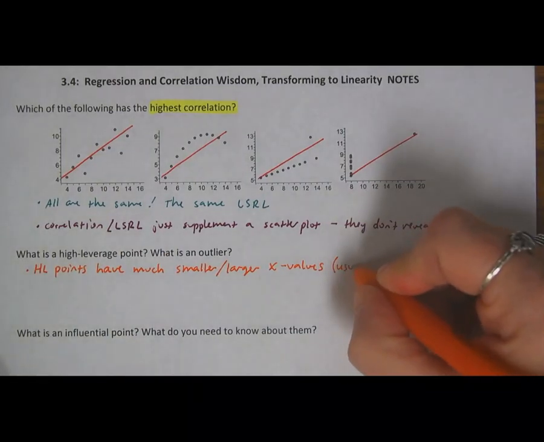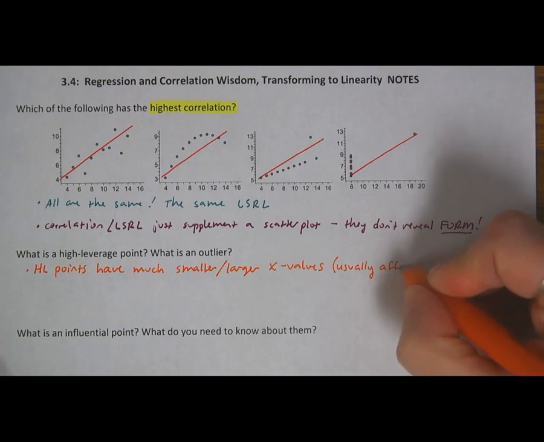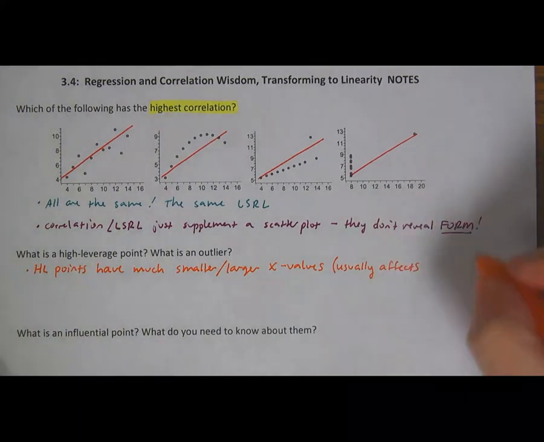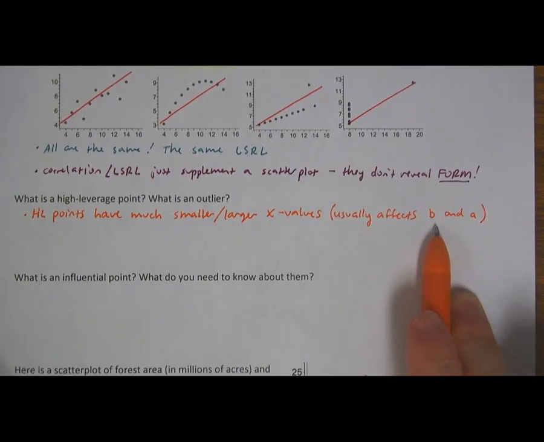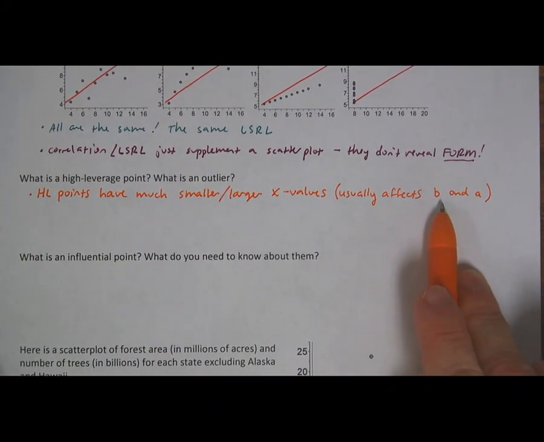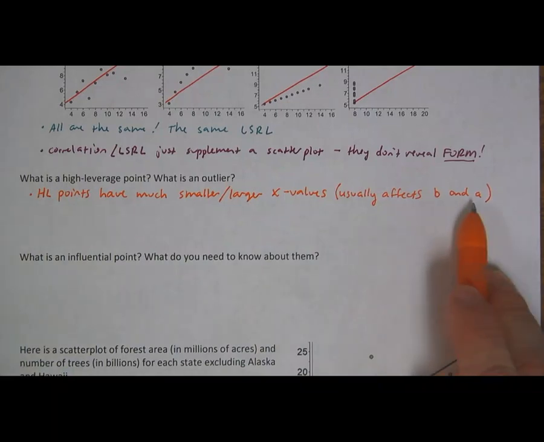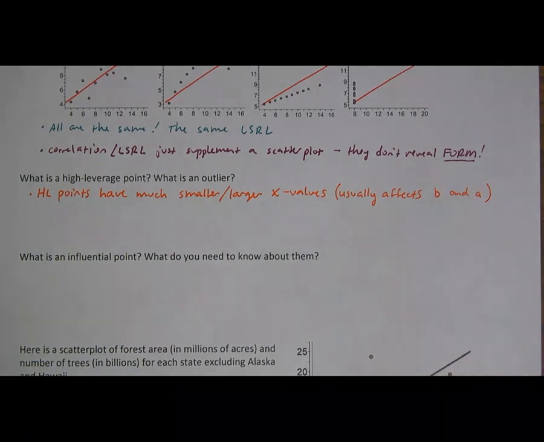This usually affects slope and y-intercept. I'm going to put B and A, because those are the variables we use in our least squares regression formula for slope and y-intercept. These are your notes. If you want to write the word slope and y-intercept, go for it. High leverage points usually will increase or decrease the slope and possibly increase or decrease the y-intercept. Notice I'm using words like usually and sometimes, and they're likely to.